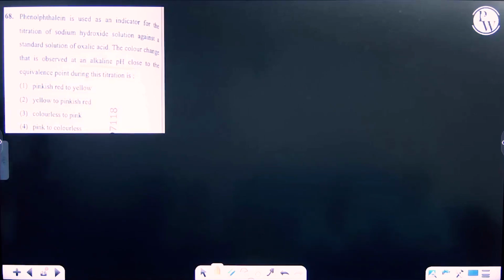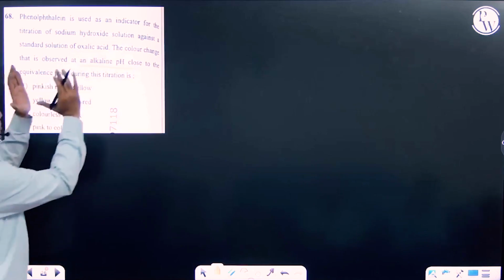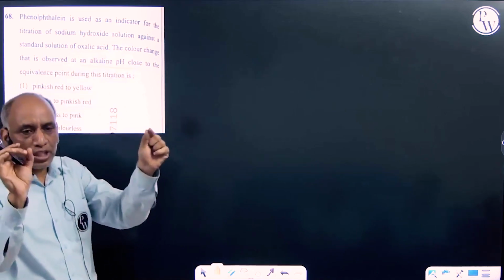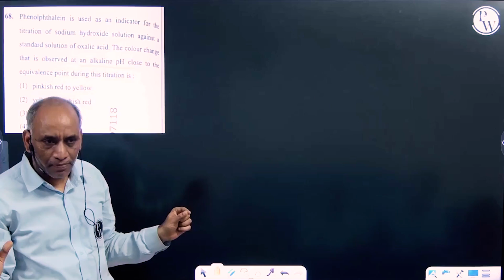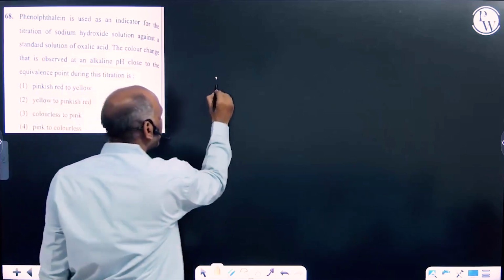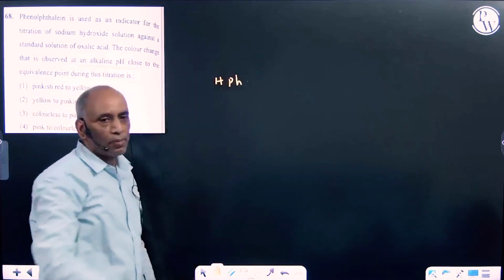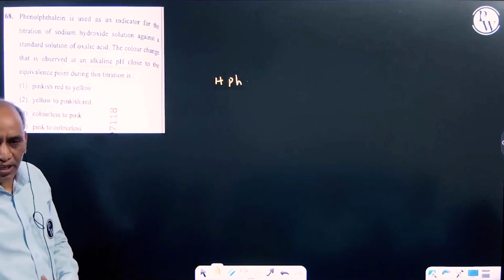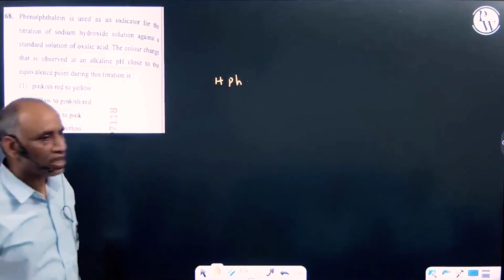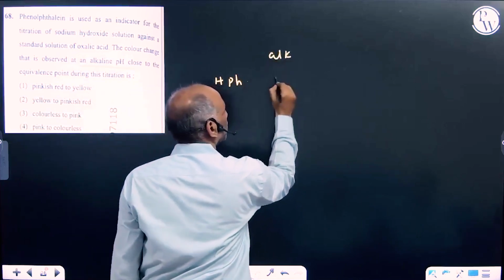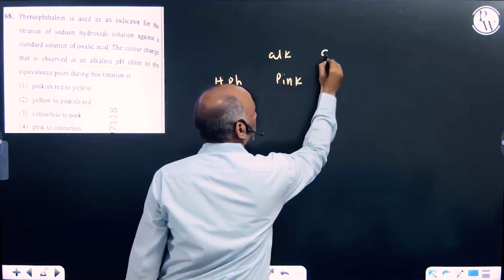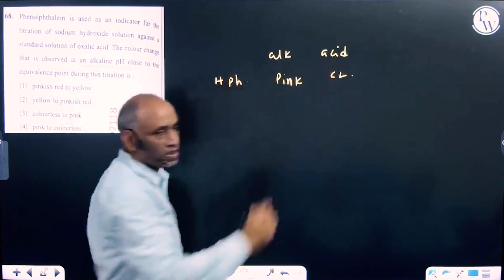In that particular pH range, instead of looking at what I am taking in the burette and what I am taking in the conical flask, instead of thinking much, think about what change you will find in the indicator. Phenolphthalein is an acid type of indicator which exhibits intense color in alkaline medium, which is pink, and in acidic medium it becomes colorless.